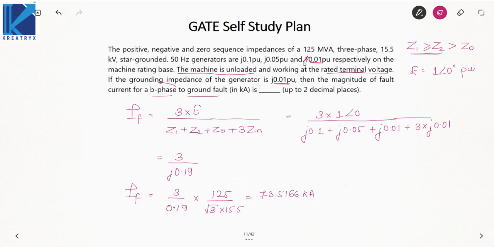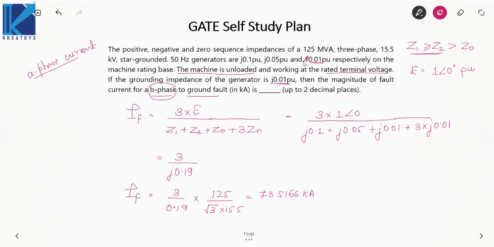Do not get confused that since it says B phase, it will make any difference. An LG fault will always remain an LG fault, no matter which phase the fault occurs in. But suppose I twist the question: find the magnitude of A phase current for a B phase to ground fault.